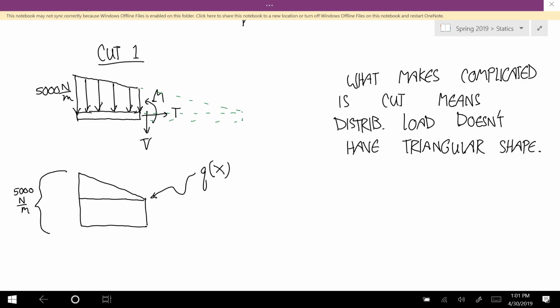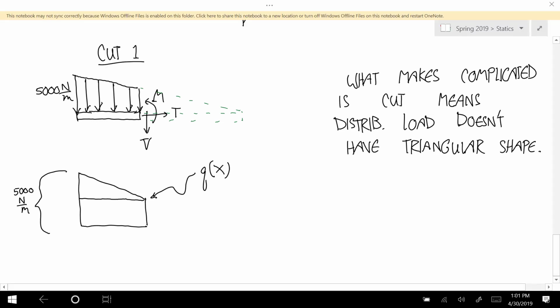And that means that this one is 5,000 minus q, okay?